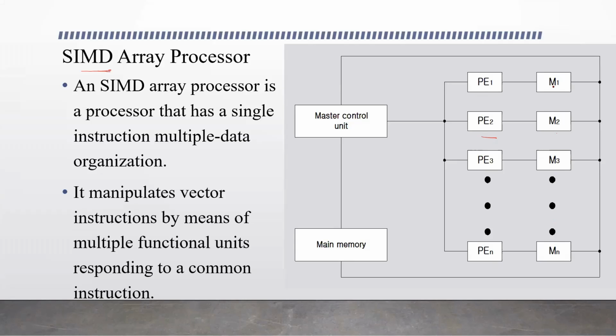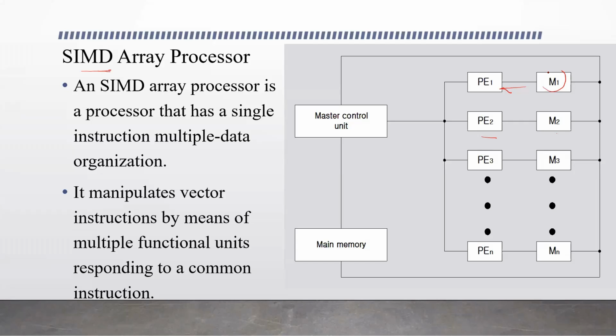Every local memory unit is responsible for providing data to its processing element, because these processing elements are like the different segments we discussed in pipelining. They operate in parallel on different sets of data. As different sets of data are needed, we need different local memory units that provide them.